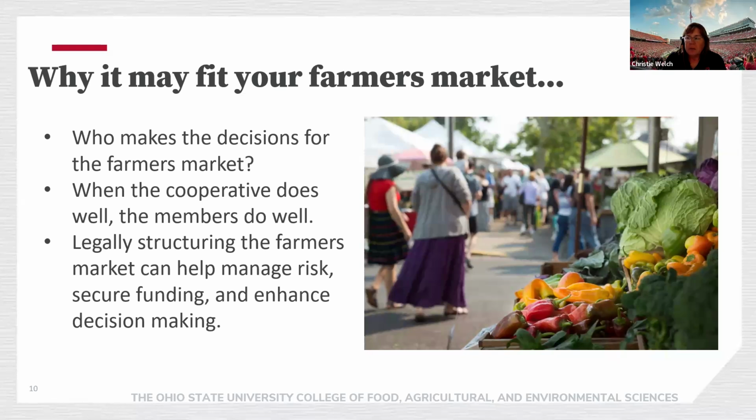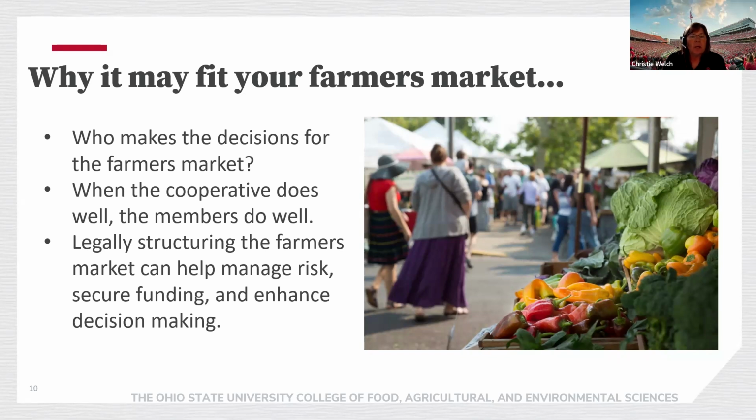And then the other thing that I would say with the legal structure for the market was it's a way to help manage risk. And of course, we need to think about anytime we are doing business for benefit for ourselves or as the market, that can increase your risk level to some extent.